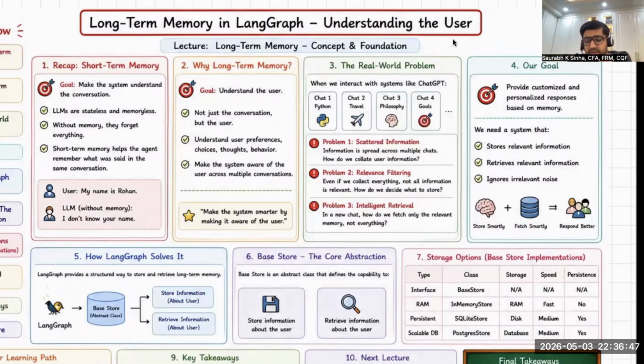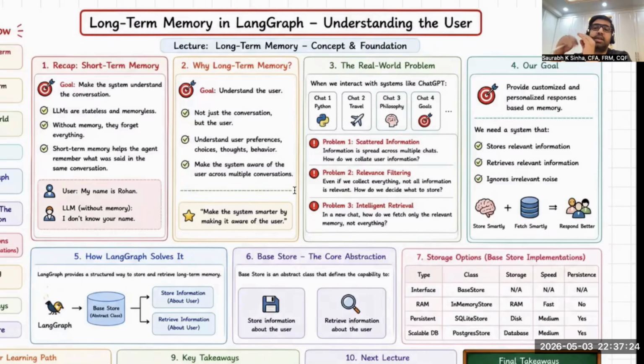Okay, so that's why we'll discuss long-term memory, which revolves around understanding the user. Till now, we have already discussed in LangGraph that there are two types of memory. The one is short-term memory, the second is long-term memory. And in the last session, we completed short-term memory. What did we understand in short-term memory? We understood how to implement short-term memory with RAM and how to implement short-term memory with durable persistence.